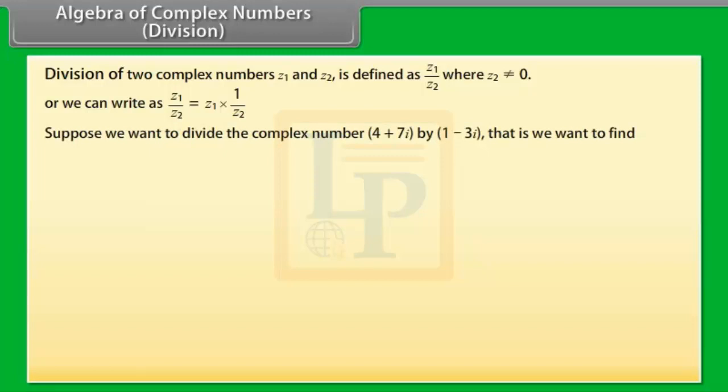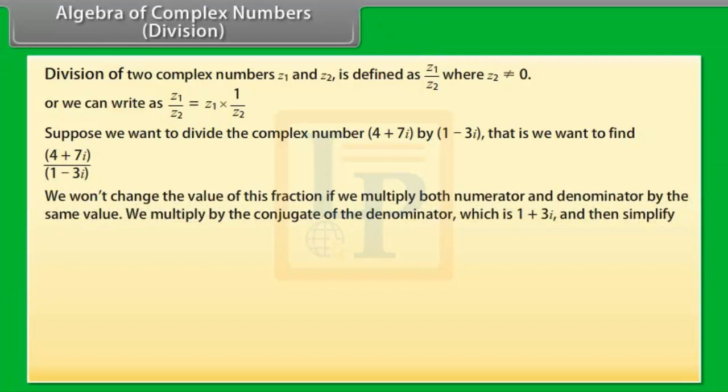Suppose we want to divide the complex number 4 plus 7 iota by 1 minus 3 iota. We won't change the value of this fraction if we multiply both numerator and denominator by the same value. We multiply by the conjugate of the denominator, which is 1 plus 3 iota, and then simplify.